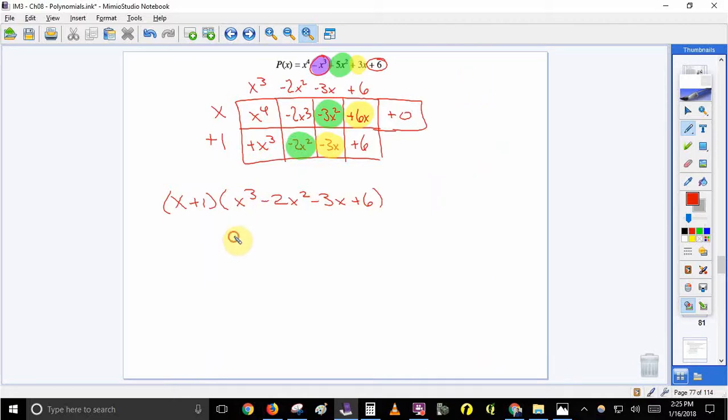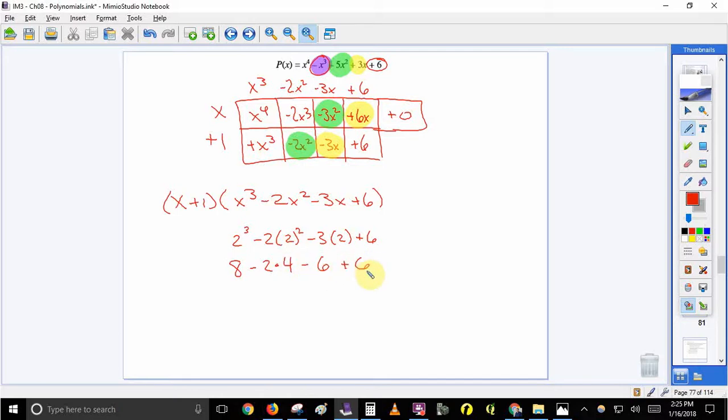If we try 2, that's 2 cubed minus 2 times 2 squared minus 3 times 2 plus 6. We're going to have to do another round of division so we can take our third degree polynomial down to a quadratic or second degree. So that's 8 minus 2 times 4 minus 6 plus 6.